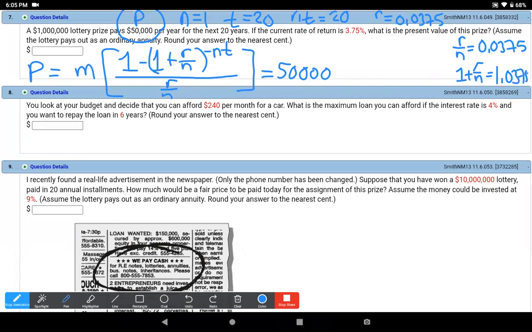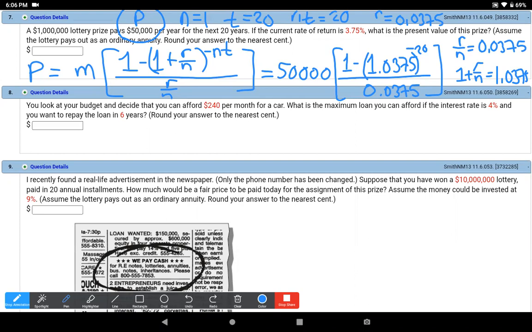Okay, so that allows me to write a more precise numerator of 1 minus 1.0375. That value is being raised to the negative 20. The total numerator is being divided by 0.0375. And if we stick that into the calculator, we should get how much this annuity is paying out.